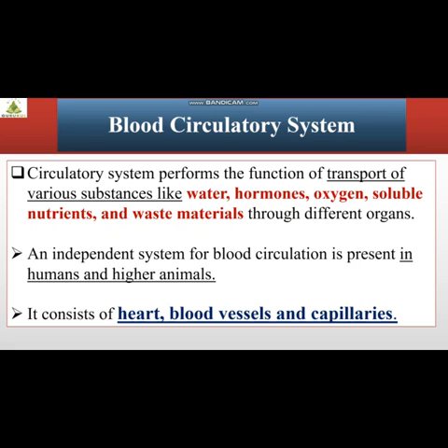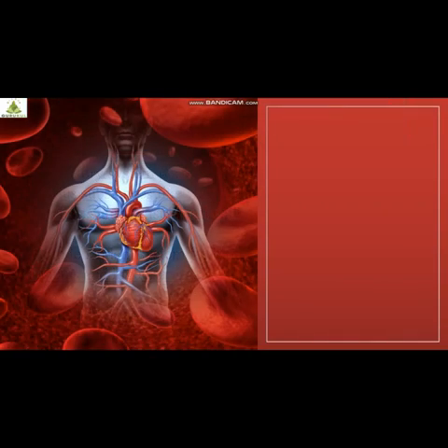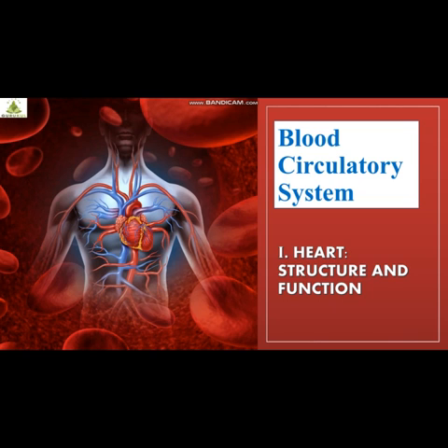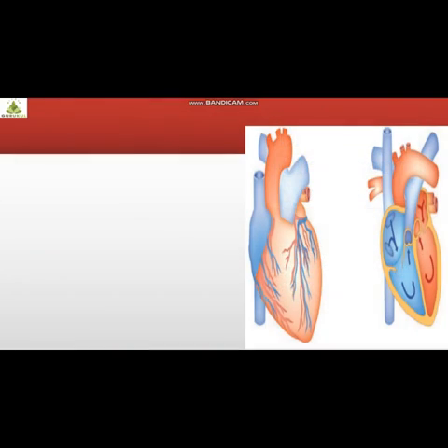The blood circulatory system consists of heart, blood vessels and capillaries. Under blood vessels, we have arteries and veins. So, let's move ahead. In the blood circulatory system, the very first important part we are going to learn, students, is the heart, for structure and function. So let's start.